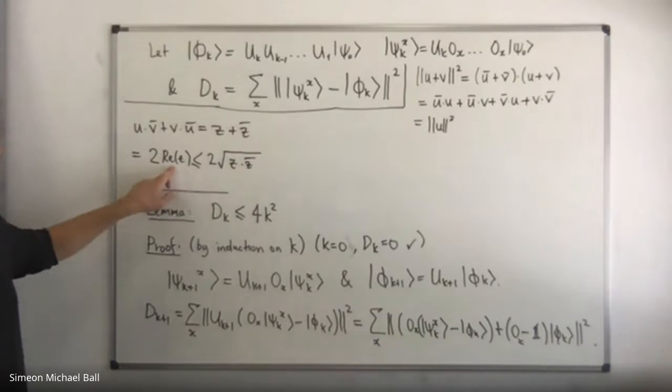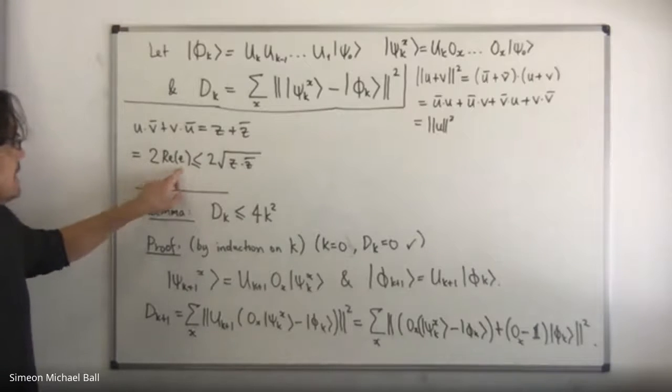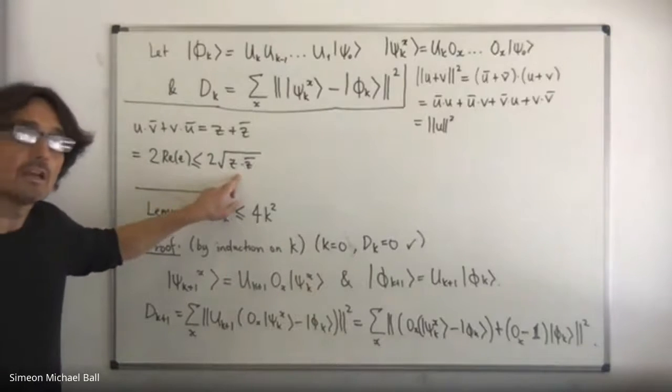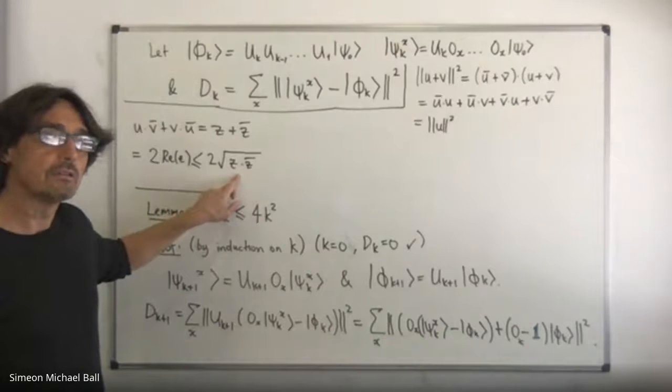If the real part of z is a, then this is just saying a is less than or equal to the square root of a squared plus b squared.